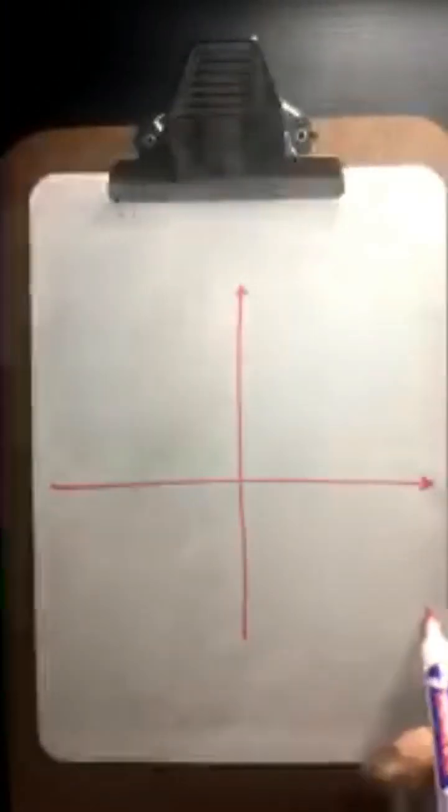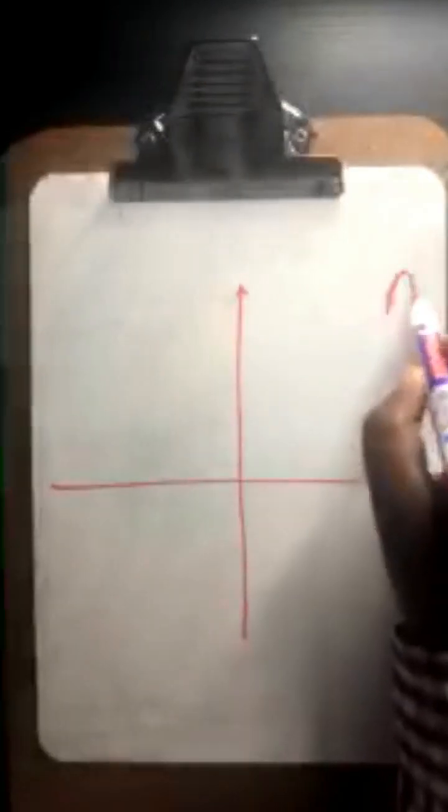You will later understand the importance of this. So let me do this and say this is what we call a CAST diagram, where this is C, this is A, S here, and then we have T there.